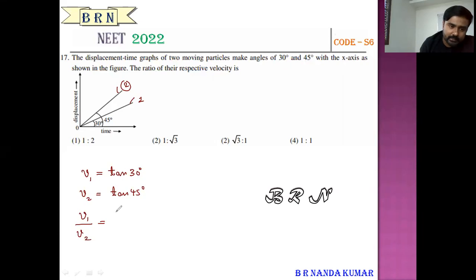So v1 by v2. So tan 30°, that is 1 by root 3. Tan 45 is 1. So 1 is to root 3. Correct? 1 is to root 3.